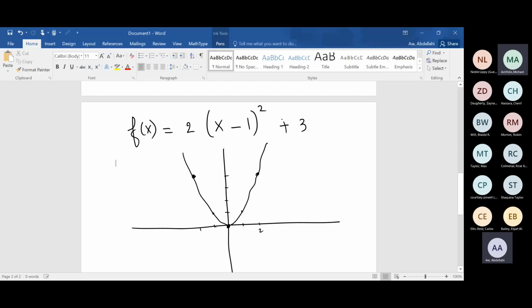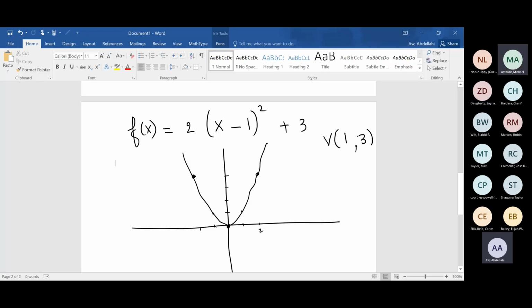What is the vertex from here? What point is the vertex? 0, 0. That is the black parabola, but for this one right here, 2 times x minus 1 squared plus 3, what is the vertex? Is it 1, 3? 1, 3, thank you.